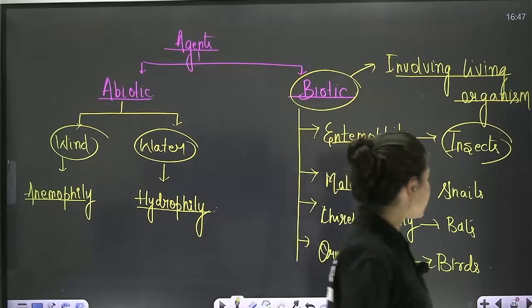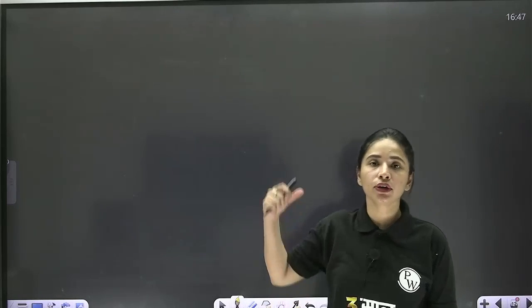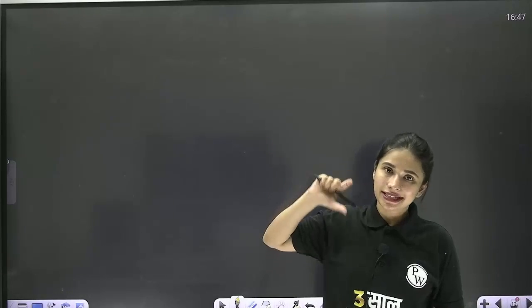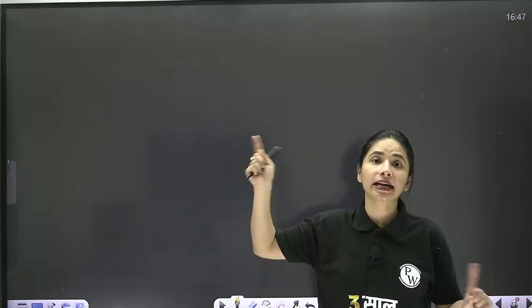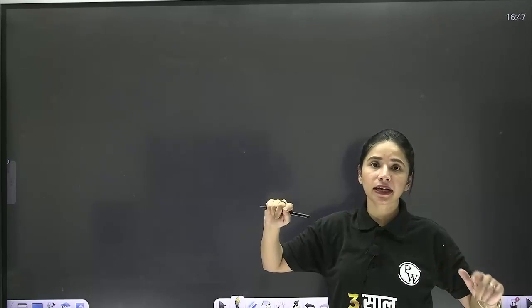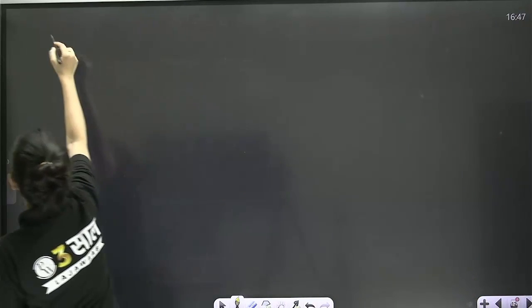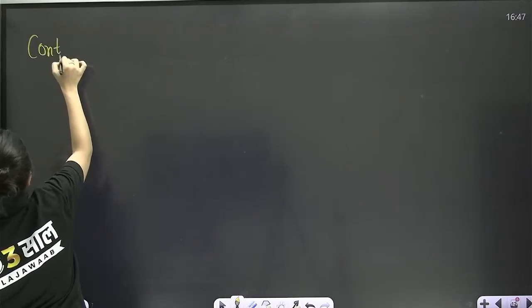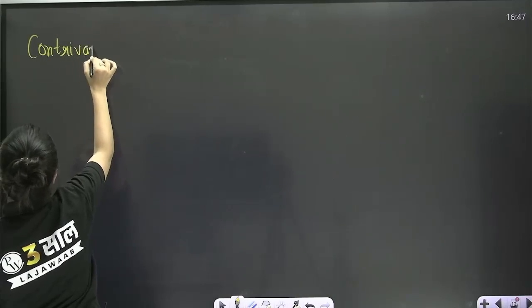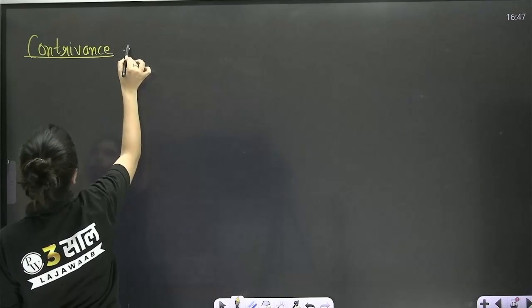Now, next I am going to tell you about the contrivances of pollination, self and cross, as a comparison, so that things become easier for you to remember for long.